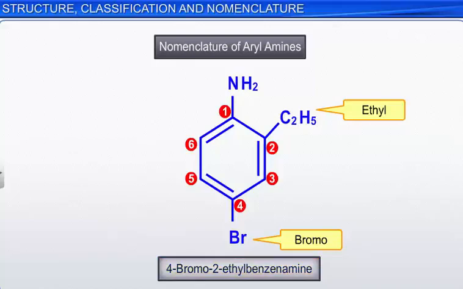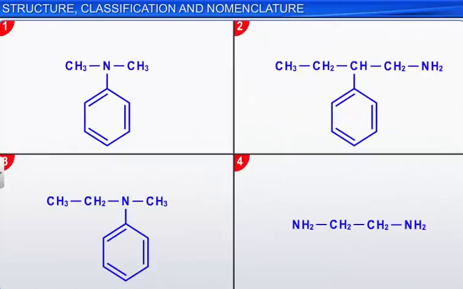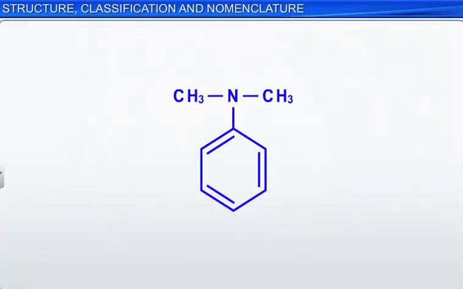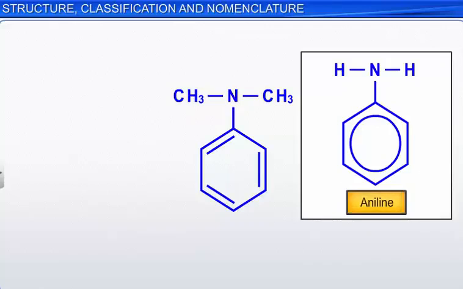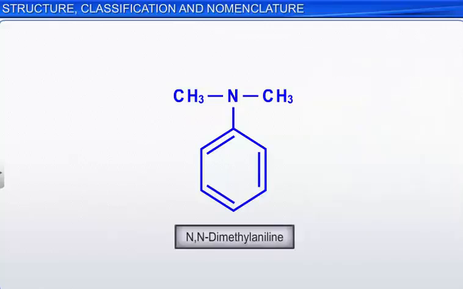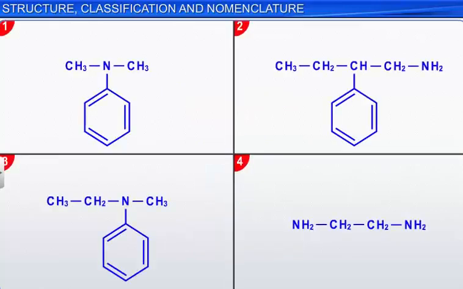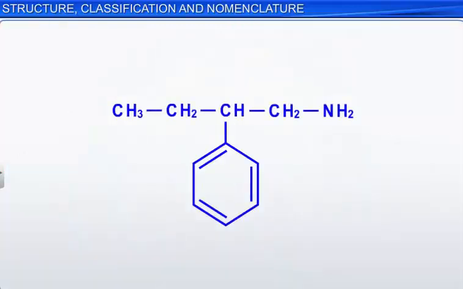Now try to name these compounds. In the first compound, since 2 methyl groups are present as side chains on the N atom and the main compound is aniline, the compound can be named N-dimethyl-aniline. In the second structure, an NH2 group is attached to alkyl group and a benzene ring is present as a side chain.